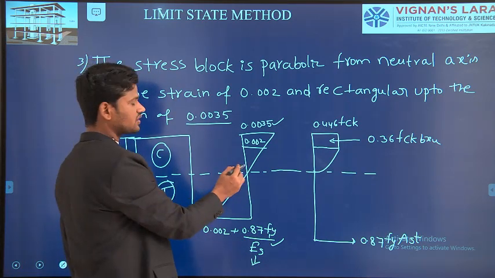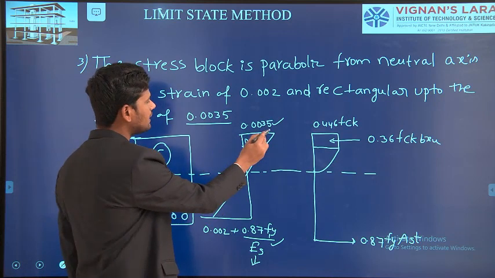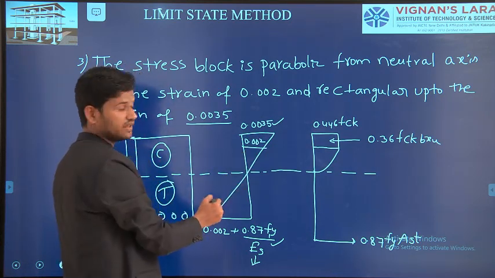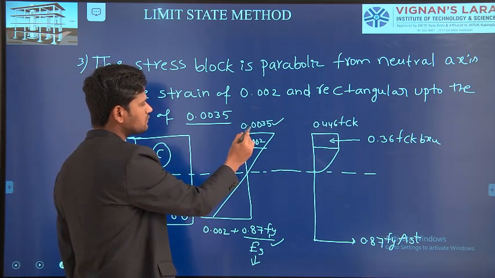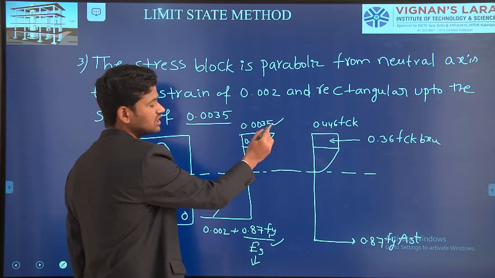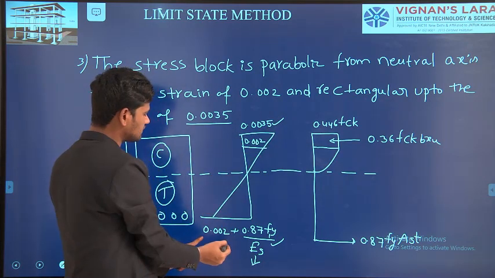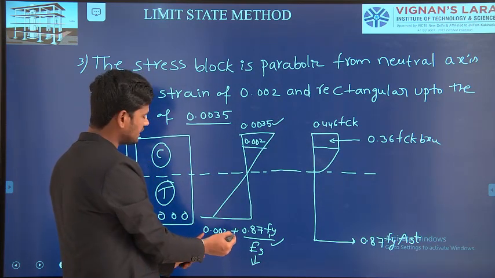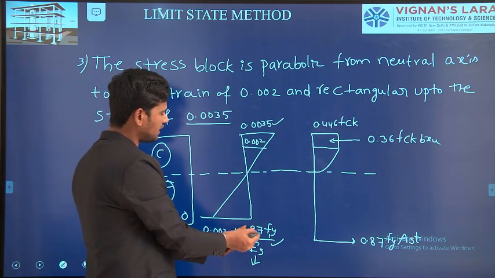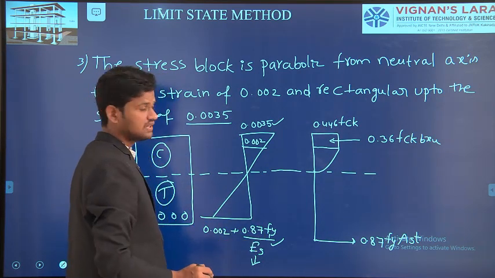From the first assumption, plane sections remain plane, that means strain variation is linear. From the second assumption, the maximum compressive strain in concrete is 0.0035 under flexural condition, and the tensile strain in steel is 0.002 plus 0.87 fy by Es.